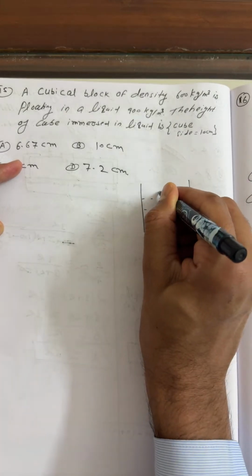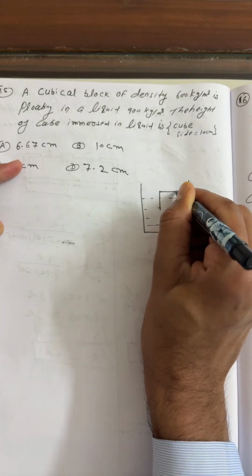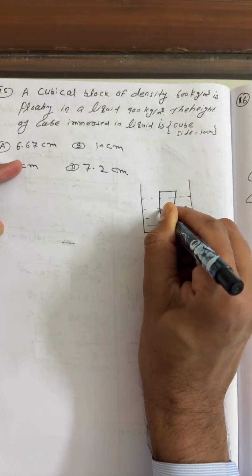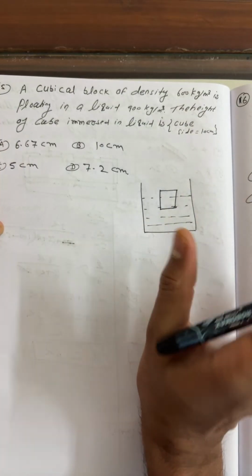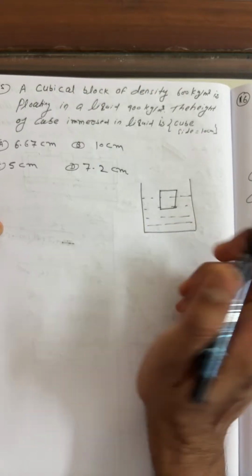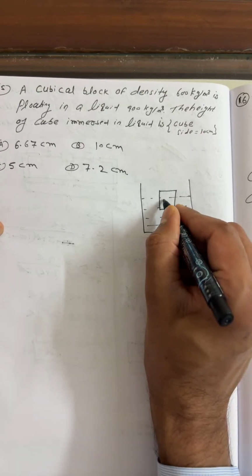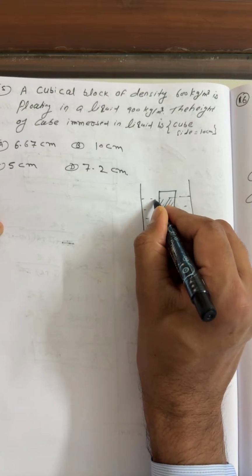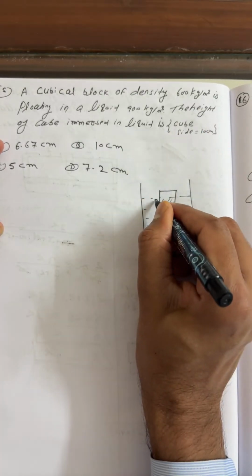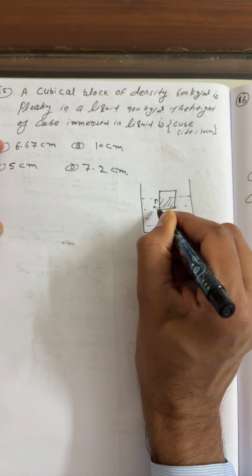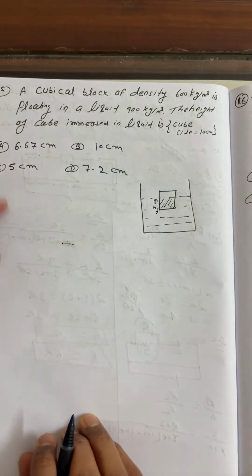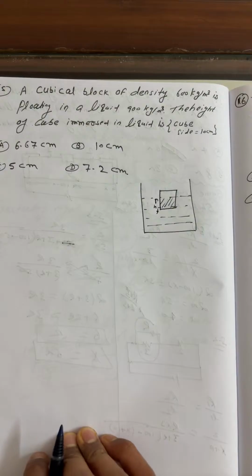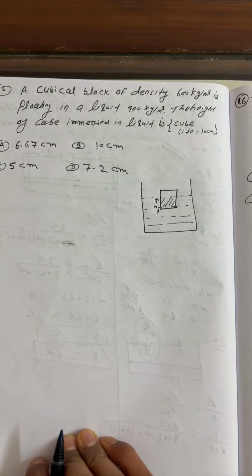I don't know how much height is inside. Here I'm considering one side of the cube. Let us suppose this height is H, which is inside. What's the question? Height of the cube immersed in the liquid.